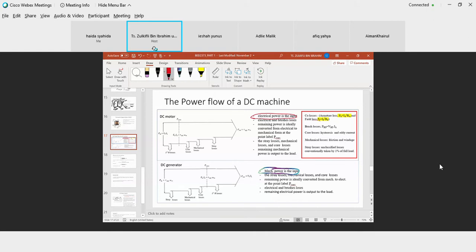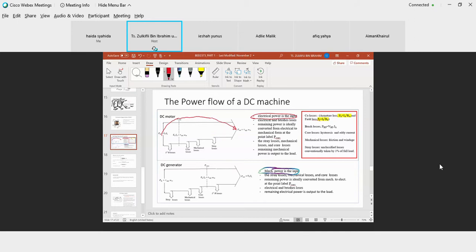Okay. And the input electrical power is transformed into mechanical power, ataupun the output or useful power, useful mechanical power yang boleh digunakan lah untuk rotate something.